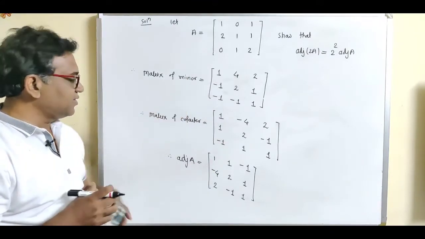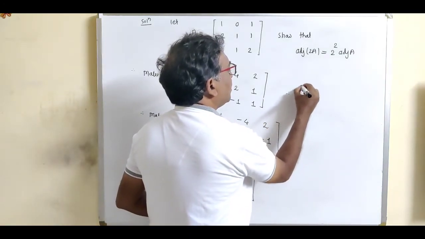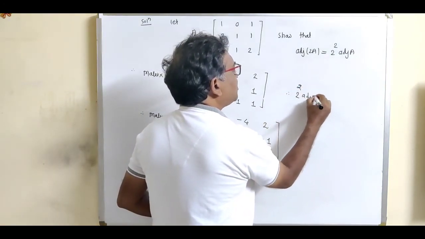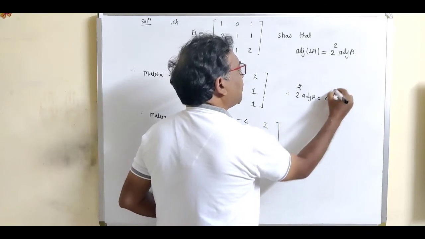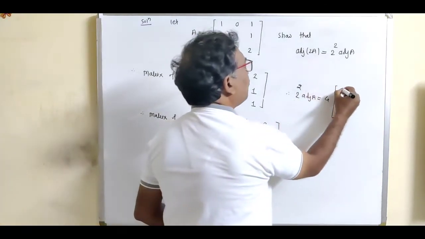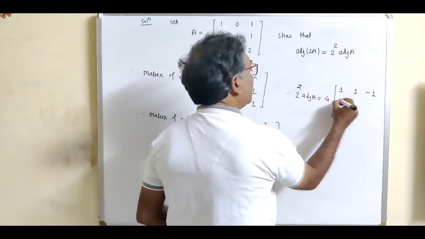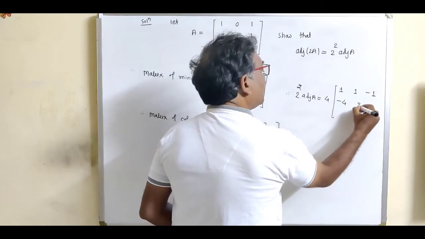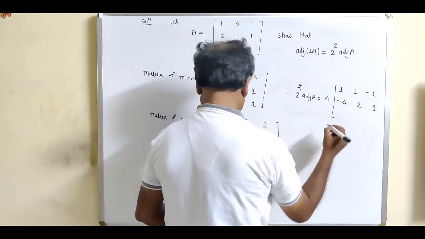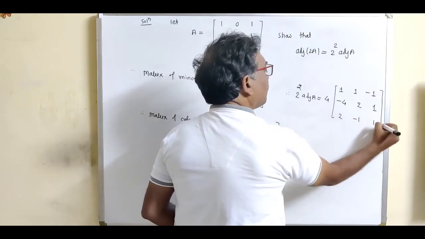Now that is the right hand side. So find this term. Therefore, 2 square into adjoint A. 2 square means 4, and put the value for adjoint A. Adjoint A means 1, 1, -1, -4, 2, 1, 2, -1, 1.